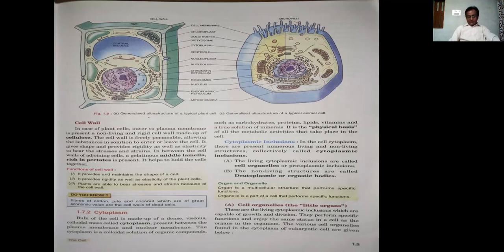So one by one, we study all such cell organelles. We can understand the plant cell and animal cell by comparing them, so we must know the difference between the plant cell and the animal cell.